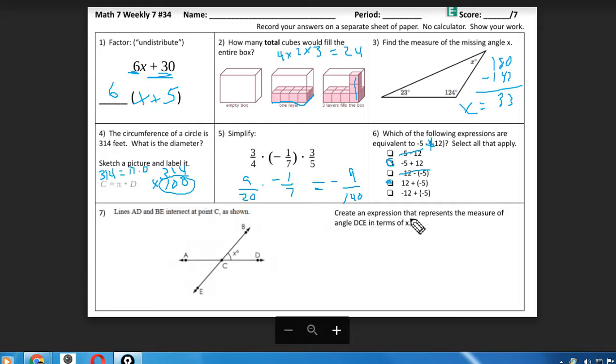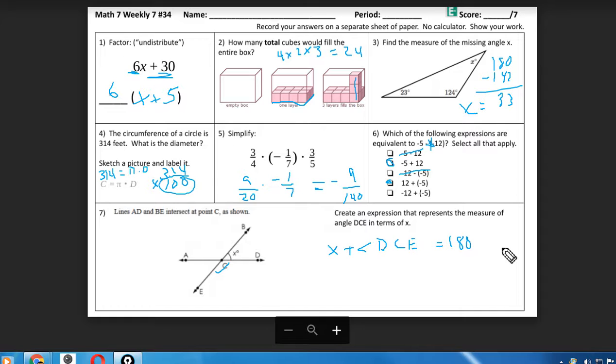Okay, create an expression that represents the measure of angle DCE. DCE. So we need to find what this angle is, or we can find an expression. So we're going to say an expression would be x plus angle DCE is going to equal 180 degrees.